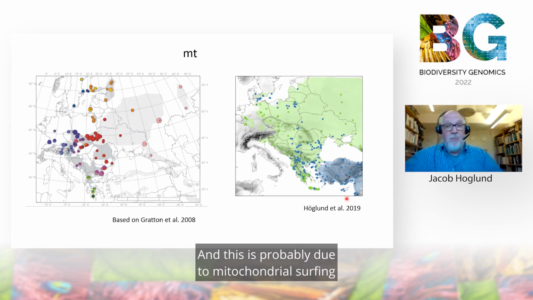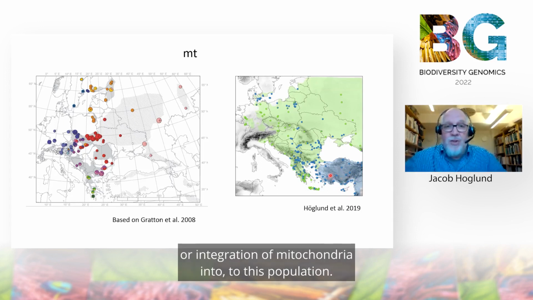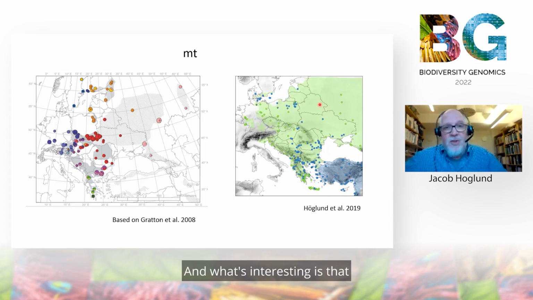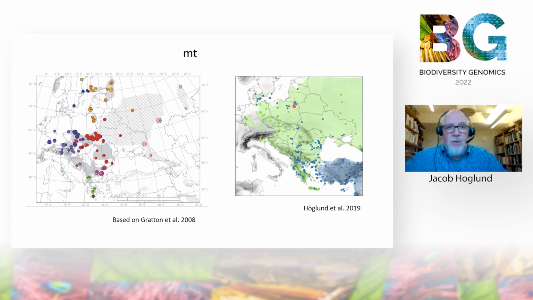This is probably due to mitochondrial surfing or an introgression of mitochondria into this population. What's interesting is that most of the populations up here in the Baltic and in southern Sweden seem to have this variabilis mitogenome.